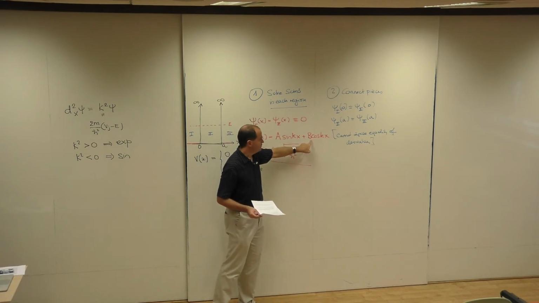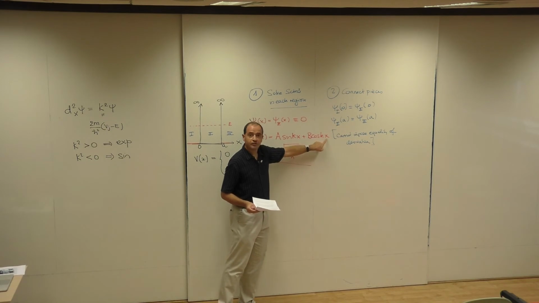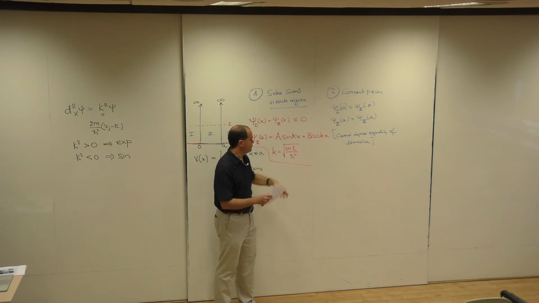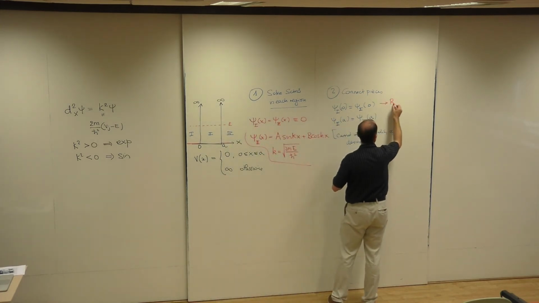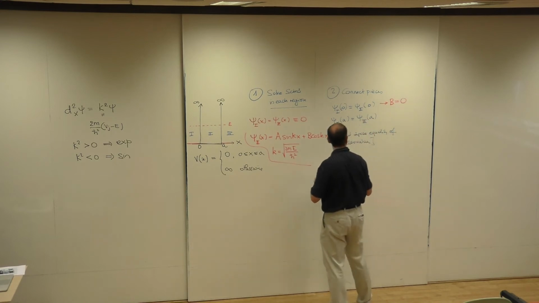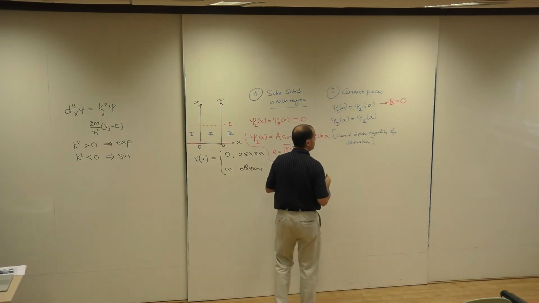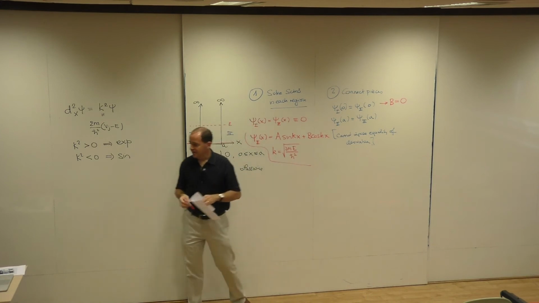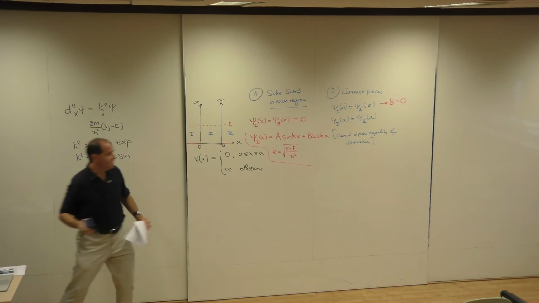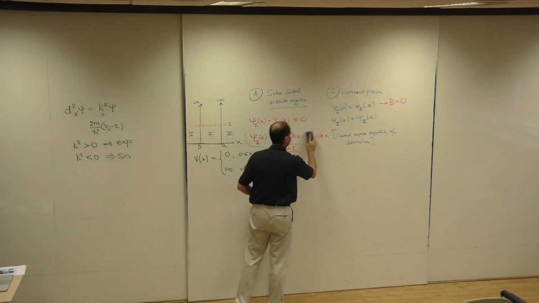And then plus B, because cos of k times x with x equals 0 is 1. Well, but then B must be equal to 0. From this, we get B equal to 0. Okay? So let me just erase this term to keep track.